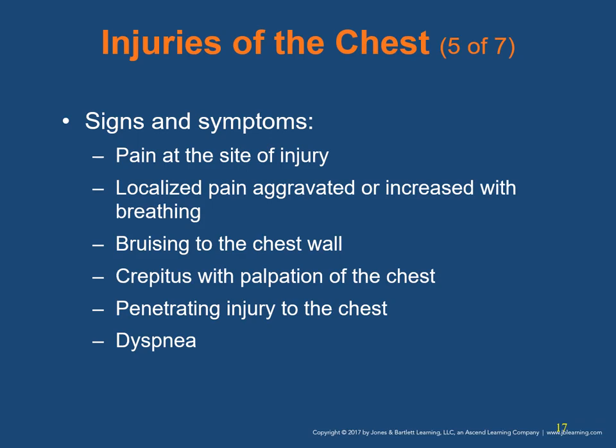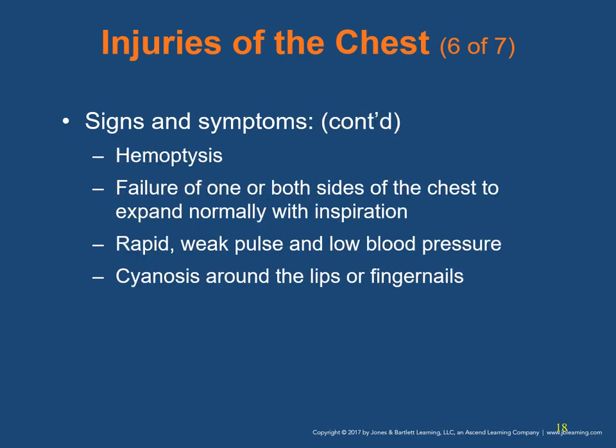Dyspnea, difficulty breathing, shortness of breath, can be caused by airway obstruction, damage to the chest wall, improper chest expansion, or lung compression. Prompt vigorous support of oxygenation and ventilation with prompt transport are required. Hemoptysis, spitting or coughing up blood, indicates damage to the lung or air passage.